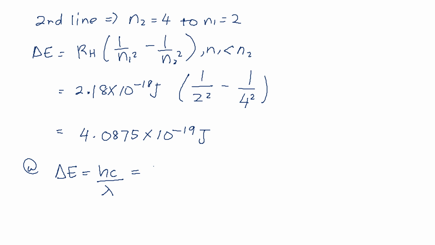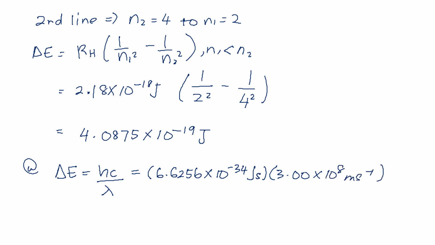So we substitute the h value, which is the Planck constant, 6.6256 times 10 to the power of negative 34 joule second, times c, the speed of light, 3.00 times 10 to the power of 8 meter per second, over the lambda value that we have calculated just now, 4.8617 times 10 to the power of negative 7 meter.